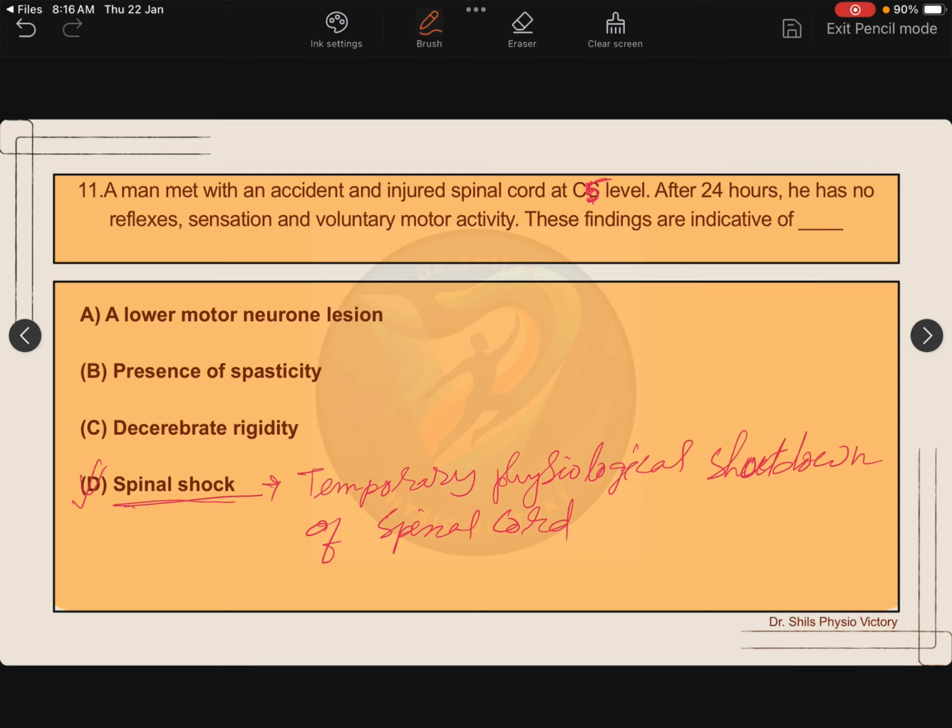It occurs immediately after SCI, characterized by flaccid paralysis, loss of reflexes, loss of sensation, and autonomic dysfunctions. It can last for days to weeks. A lower motor neuron lesion is basically localized, not the whole segment.